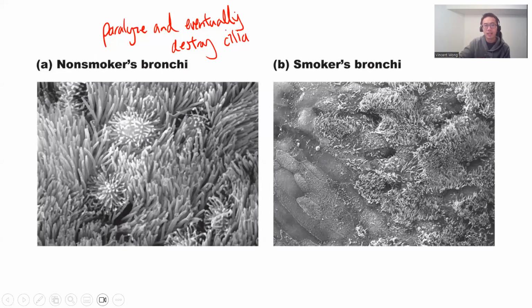I try it out, and then your cilia is going to stop working a little bit, and then they will come back. Okay, they will start moving again. They will be okay. And then if it's continuous smoking, then it will completely destroy the cilia, and you are left behind with basically scar tissue.